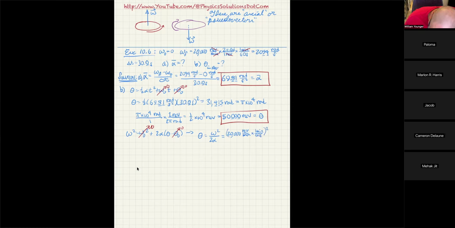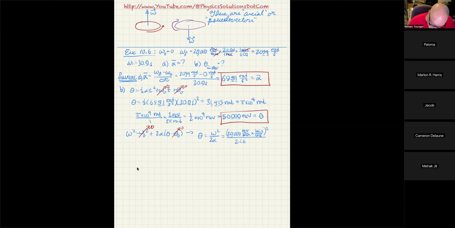And now I'm going to square that quantity and divide it by 2 times 69. In this case, I don't necessarily want the alpha to be in radians. I want it to be back in revolutions per second.